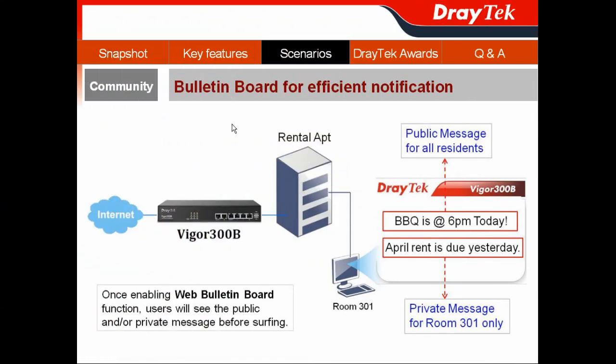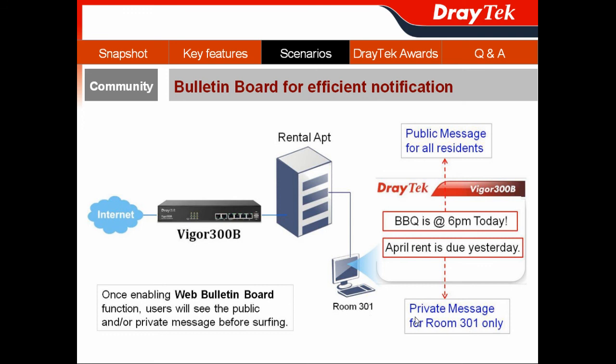Another handy feature offered by Vigor300B, still for the community environment, is the web bulletin board for efficient notification. The idea is, once enabling the web bulletin board function, users will see the public and/or the private message before surfing. For example, if I live in room 301 in the rental apartment, and today I'm going to surf the internet.